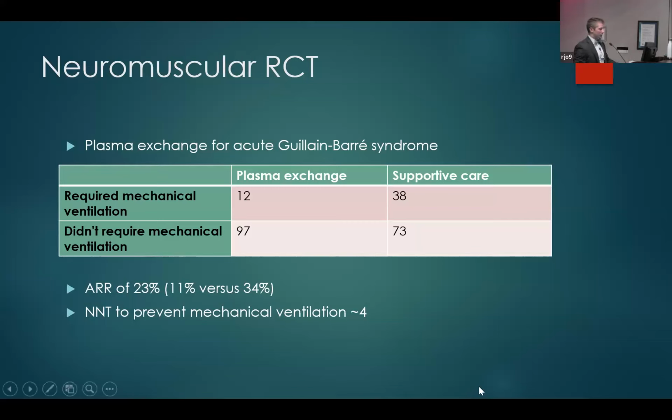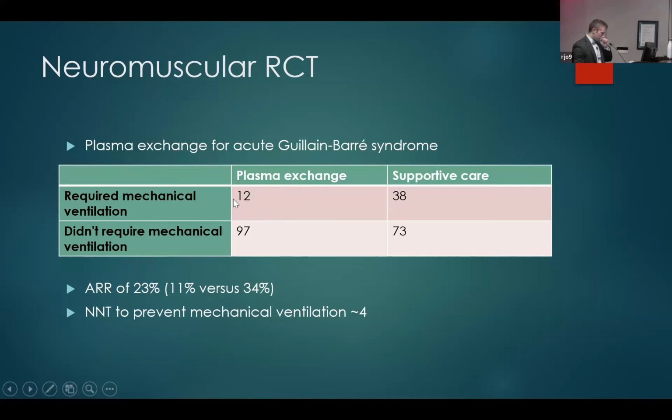And essentially in this one study, this was from the late 80s, they showed that those people who required mechanical ventilation were much less if they got plasma exchange versus just supportive care.